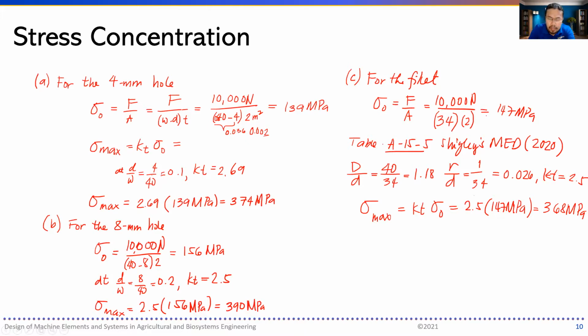Let's try to solve that. We just have to correct the values for the suffix of mega. 10,000 newtons, or 10 kilonewtons divided by 0.036 divided by 0.002.